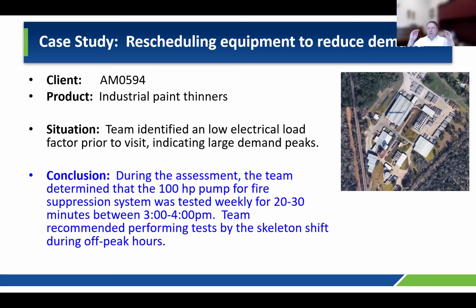So during their peak load period, they were adding an additional 100 horsepower to their monthly peak. Simply by shifting this testing to hours where there was only a skeleton crew using the plant, they did not change the energy they were using, but it shifted that monthly peak and saved them a considerable amount of money.